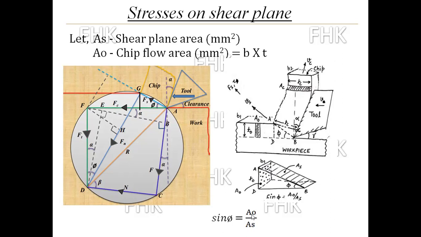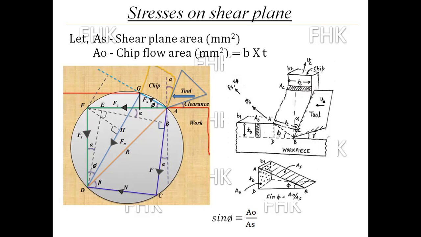Why do I consider A0 divided by AS? Because sine phi is equal to opposite side AD divided by hypotenuse AB, in which B is a common factor. The width of the chip before cutting and the width of the chip on the shear plane remain the same, so B1 and B1 will get cancelled here. So it will become AD divided by AB.